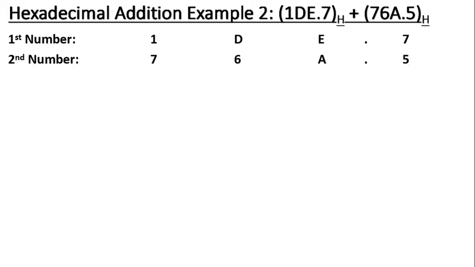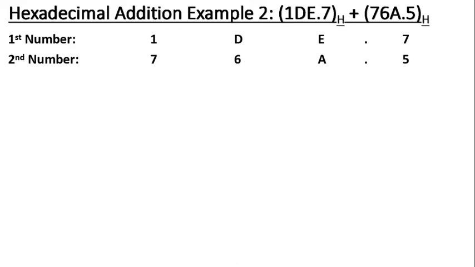Now let us start here. The first number is 1DE.7, properly written, and just below it the second number, which is 76A.5. Fortunately, both numbers have the same number of significant digits.